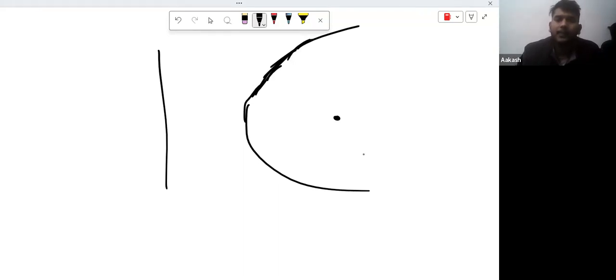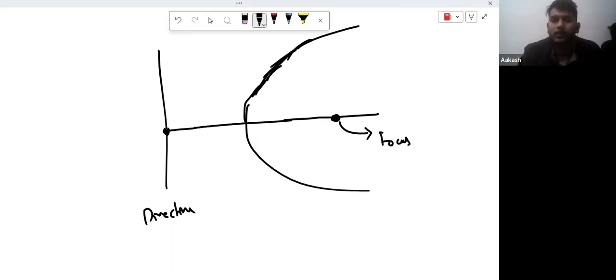So now what they are saying, axis. Axis is something that passes through focus and is perpendicular to the directrix. Okay, this fixed point is called focus. This line is directrix. And the line that is perpendicular to directrix and passes through focus is called axis. Okay, and the point where the parabola cuts the axis is called vertex.